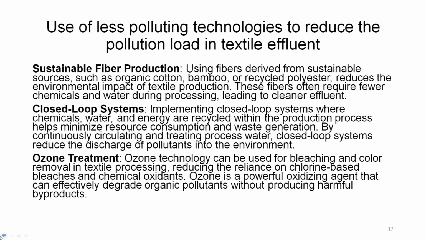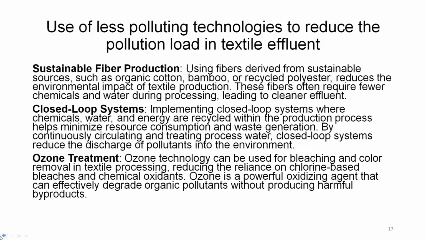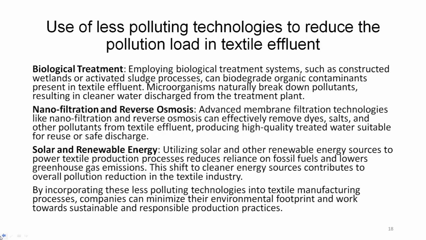Ozone is a powerful oxidizing agent that can effectively degrade organic pollutants without producing harmful byproducts, because ozone is O3. When it dissociates, it forms oxygen and nascent oxygen. So, this nascent oxygen is the one which does the oxidizing or the bleaching action.